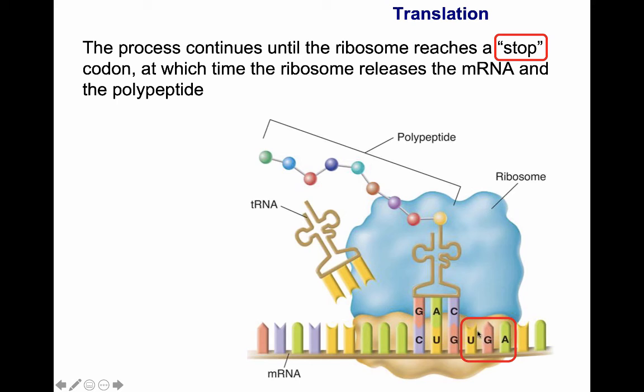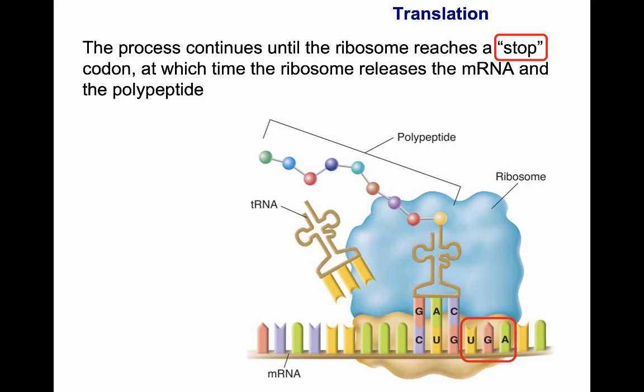Eventually, the ribosome will get to the end of the coding region of the messenger RNA, and that's denoted by a stop codon, a 3-base sequence on the messenger RNA that tells the ribosome, whoa, this is the end of the line.